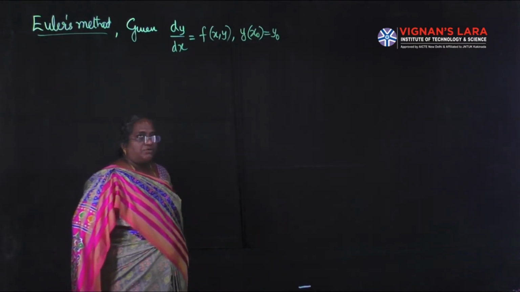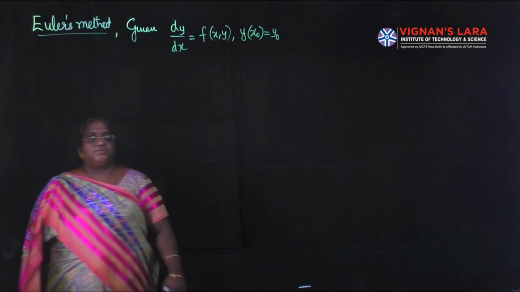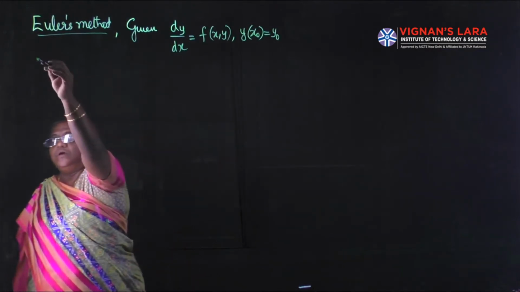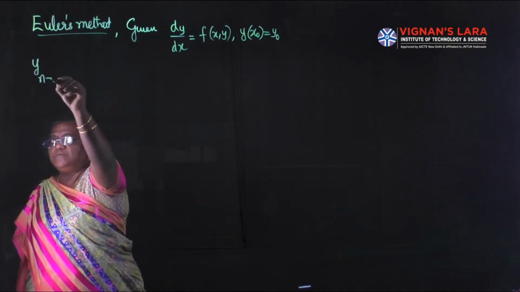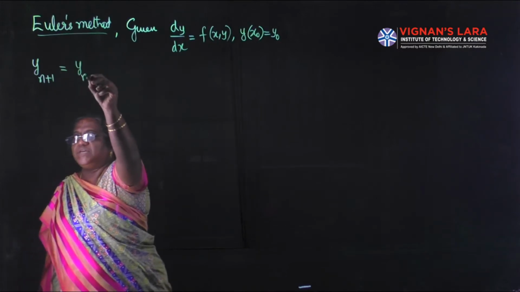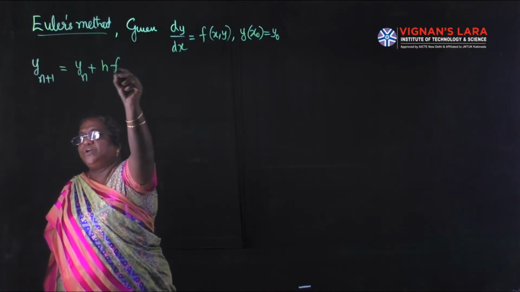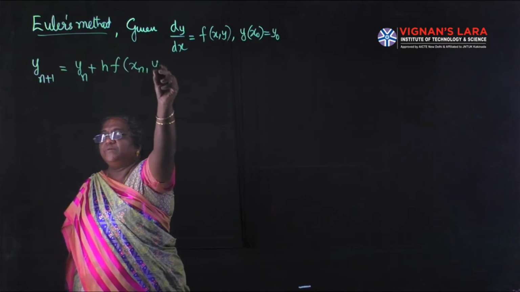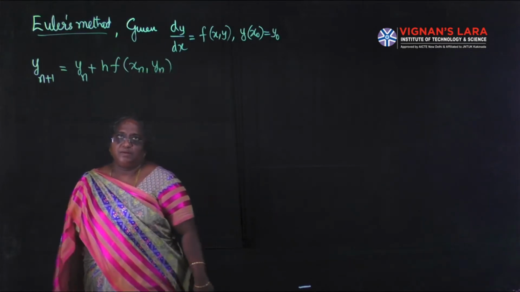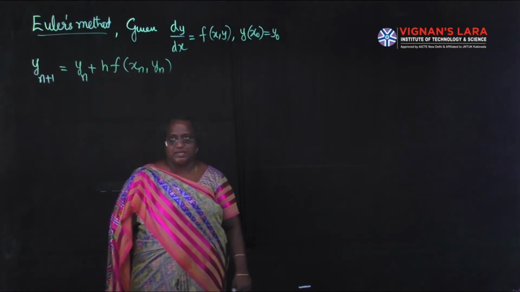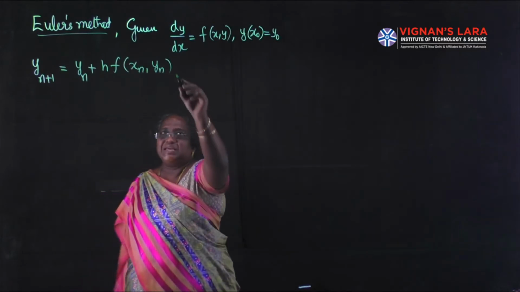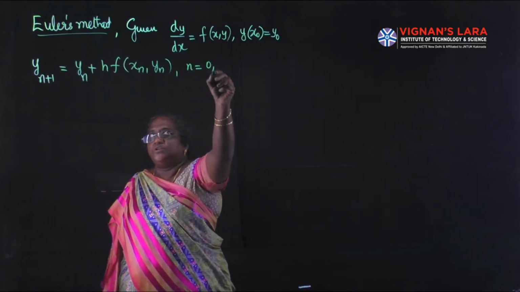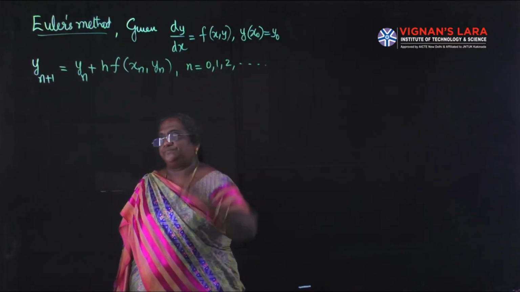So now we have to solve it using Euler's method. The formula is yn plus 1 is equal to yn plus h into f of xn comma yn, for n is equal to 0, 1, 2, and so on.